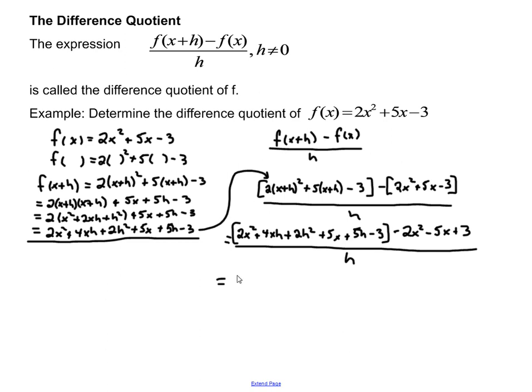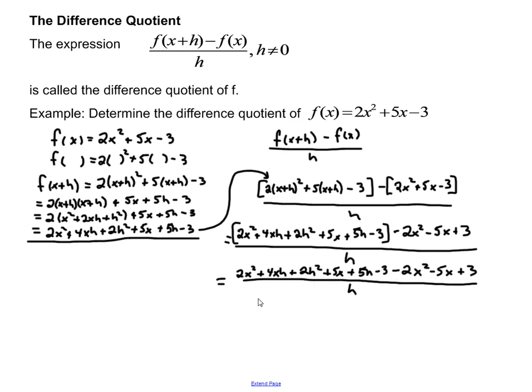So we've got the quantity 2x squared plus 4xh plus 2h squared plus 5x plus 5h minus 3 minus 2x squared minus 5x plus 3, all divided by h.